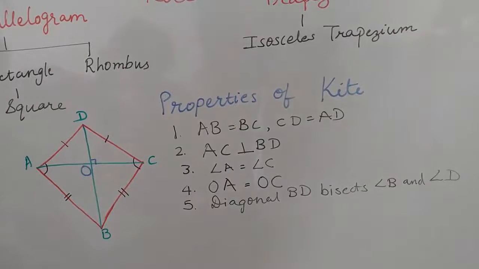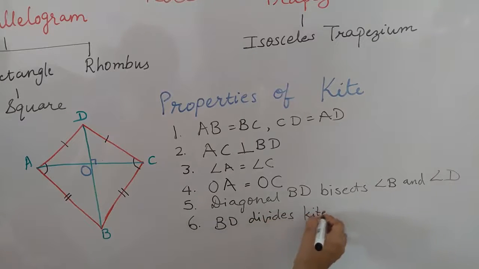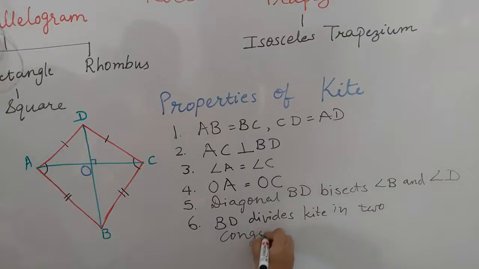Then the sixth property: this diagonal BD only divides the kite into two congruent triangles. You can see ABD is the same as CBD. So I can write BD divides kite into two congruent triangles.